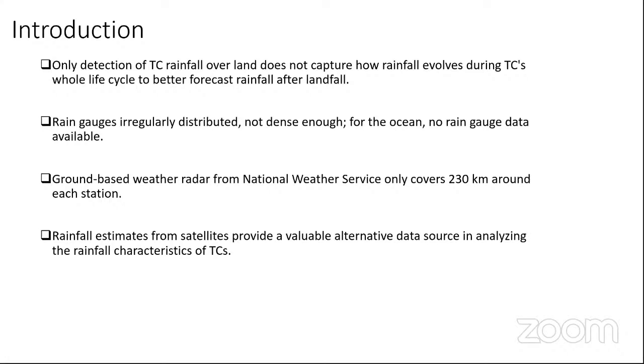Ground-based weather radar from the National Weather Service provides better continuous spatial coverage and also better spatial resolution. However, it only covers 230 kilometers around each station. Thus, the rainfall estimates from satellites provide a valuable alternative data source in analyzing the rainfall characteristics of tropical cyclones.